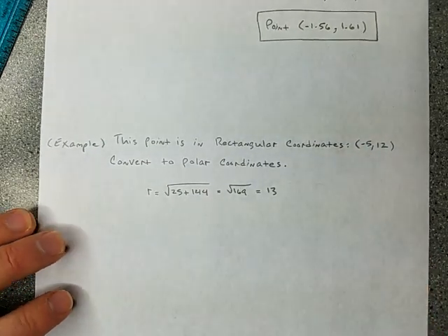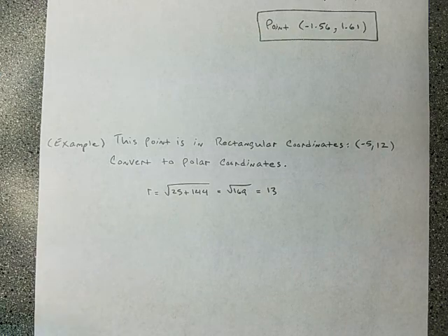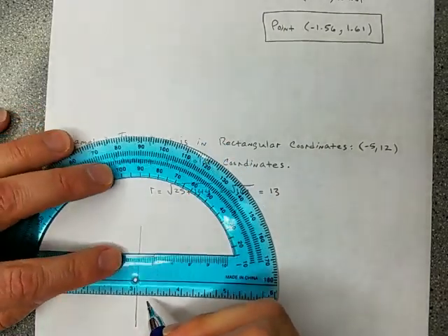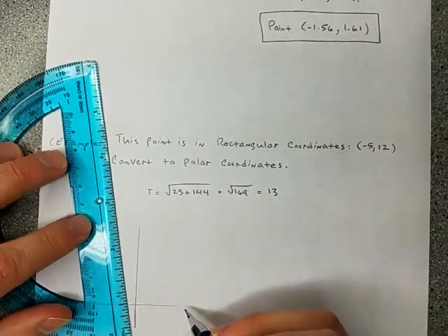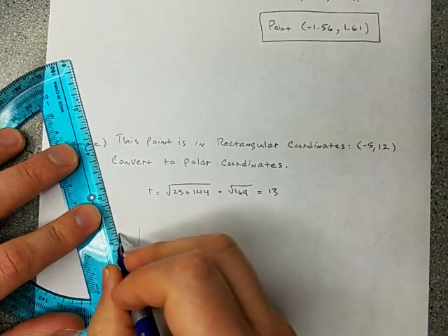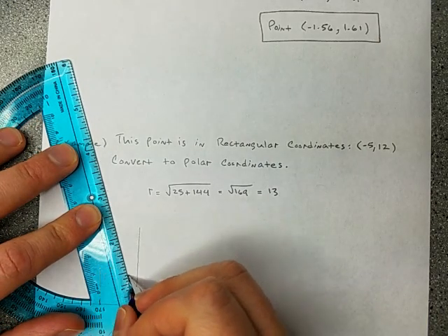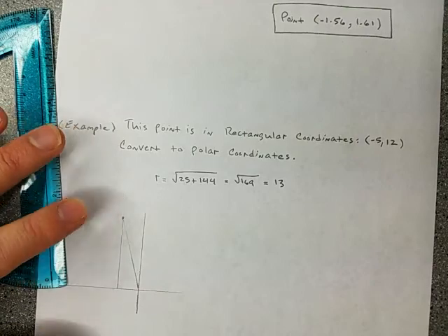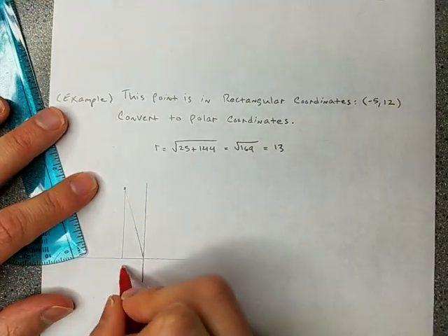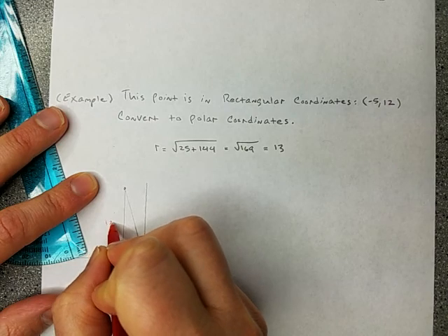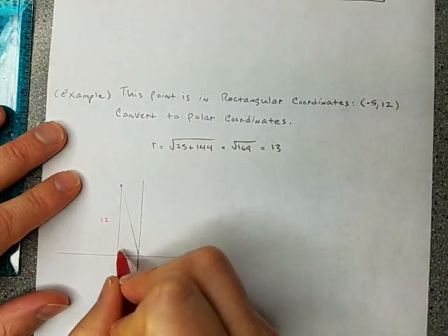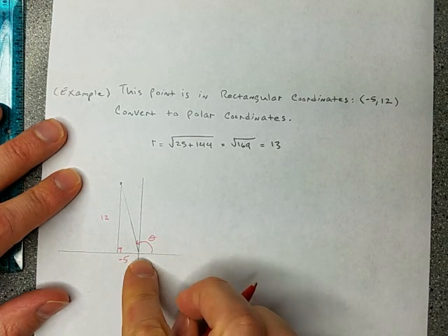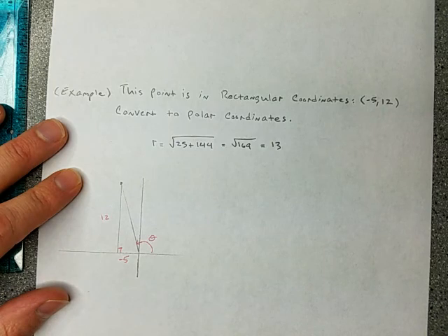So what about the angular coordinate? That will be a little bit harder, I think. Let's see, where is this point? I won't trouble too much drawing it to scale, but it's about like this. To get to that point, we go left 5 and we go up 12, and that would put it in quadrant 2. And theta is this, right? My angular coordinate is like that. It's an angle that's going to put me in quadrant 2.